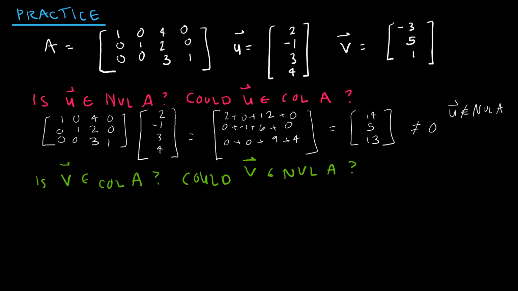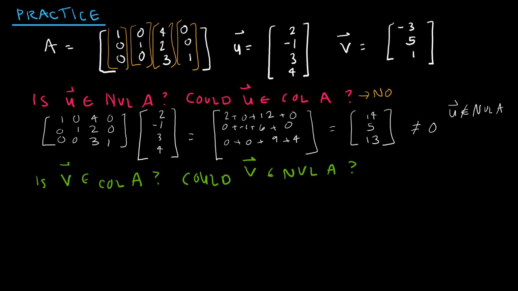The second part of this question says, could the vector U belong to the column space of A? And hopefully it's very clear that this answer is no, because we talked before about the column space of A. Obviously, that would be these vectors.